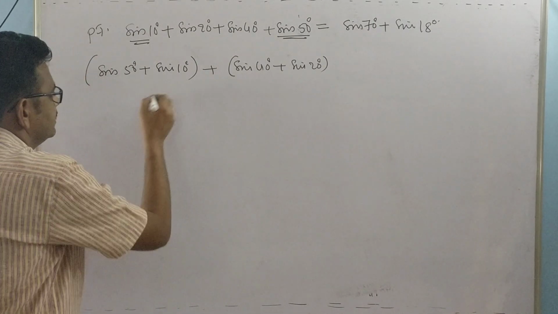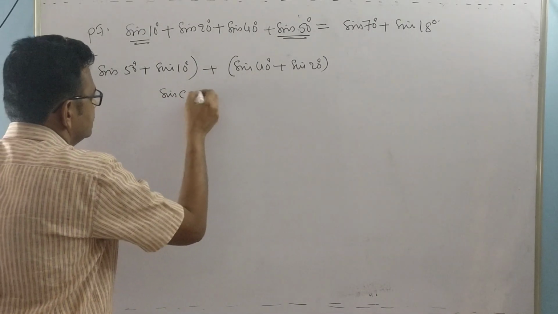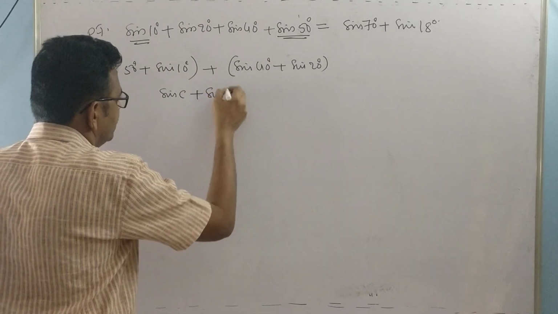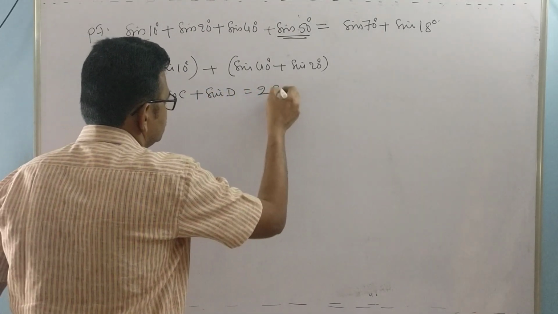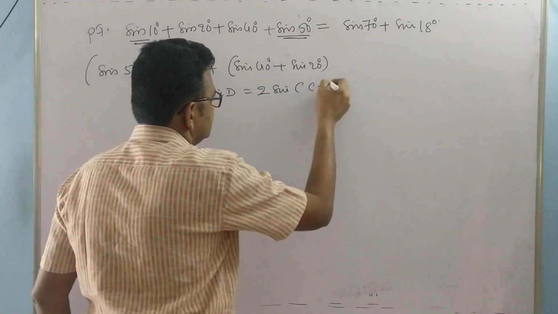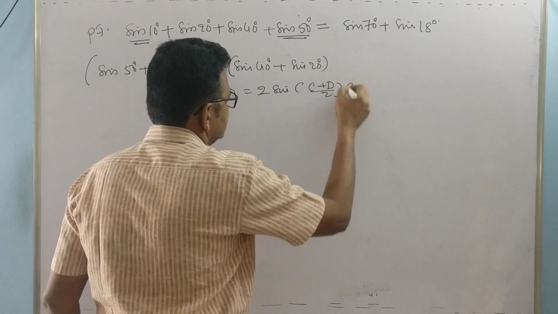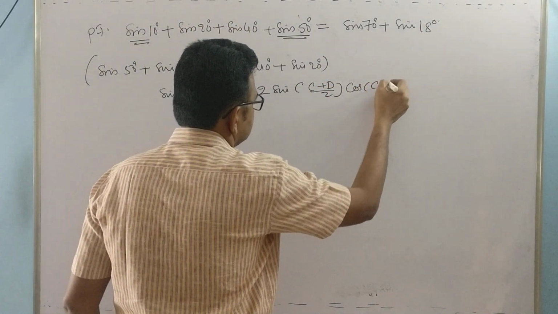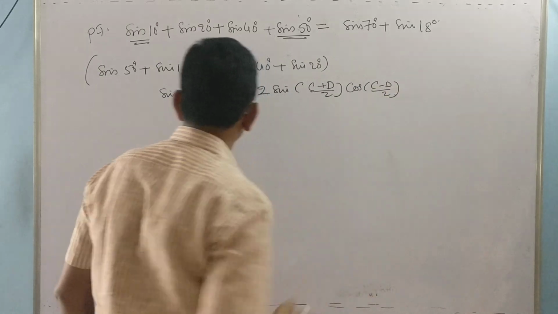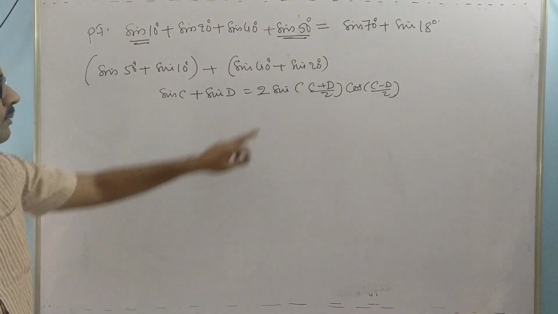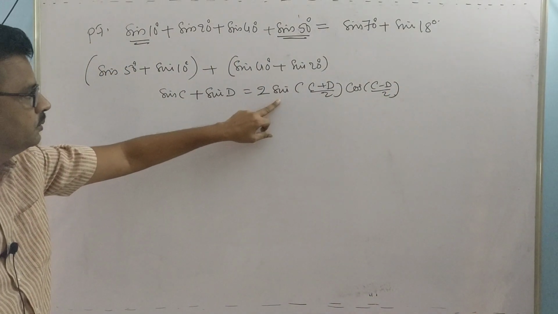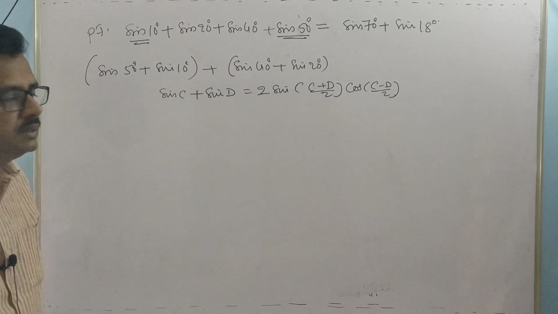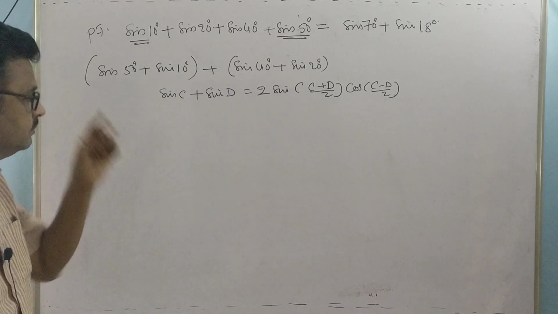Now by applying the sin C plus sin D formula, the formula is 2 sin C plus D by 2 into cos of C minus D by 2.